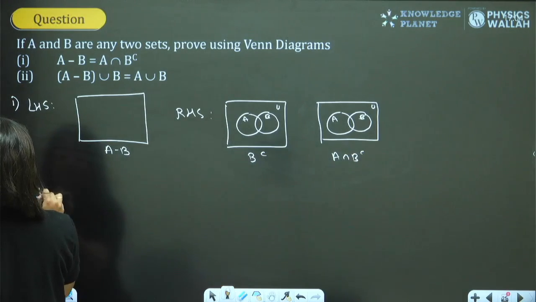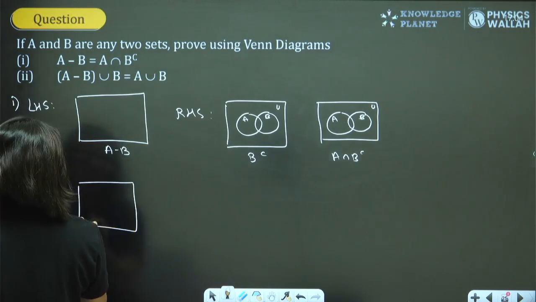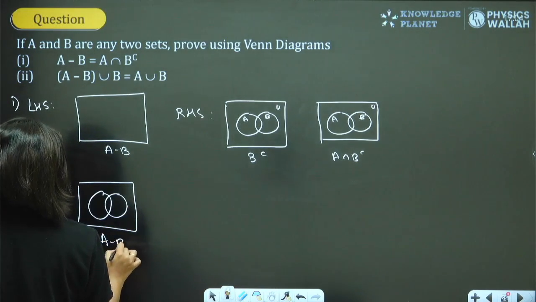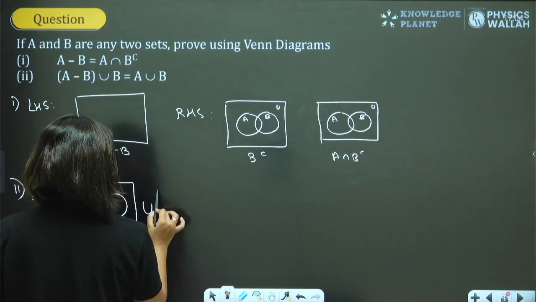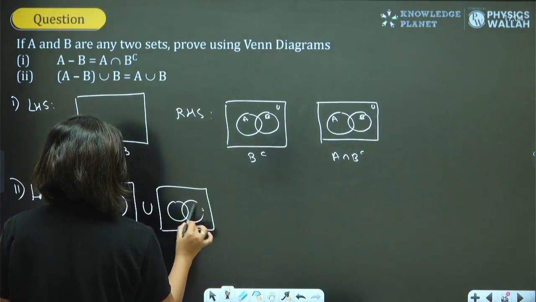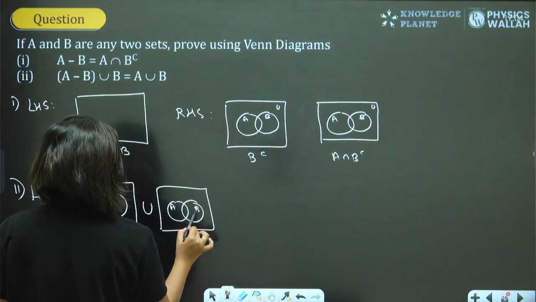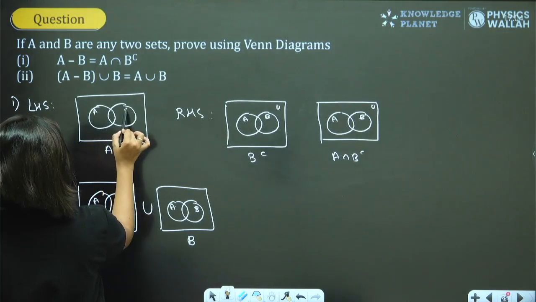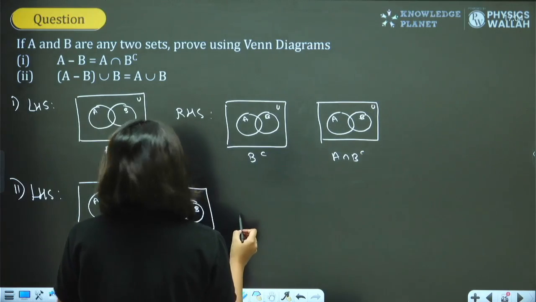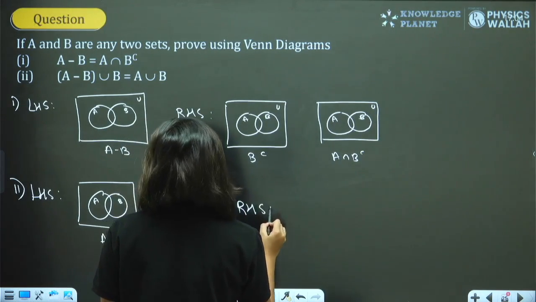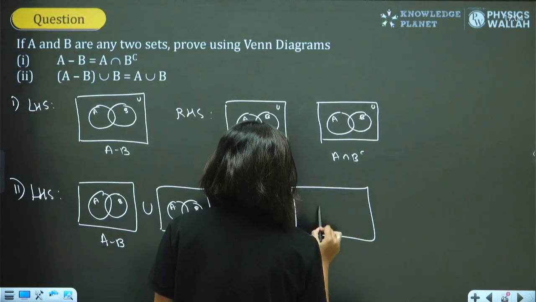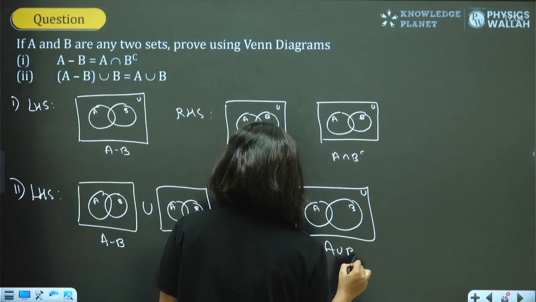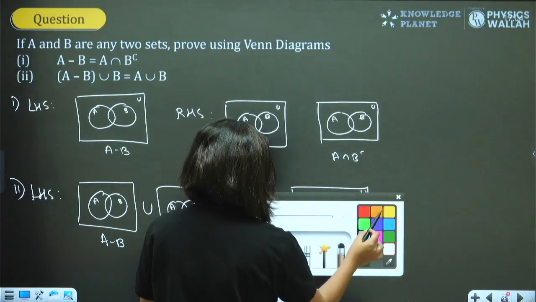And in the second question, LHS will be first A minus B, union with B. That's the LHS. Moving on to RHS, it's A union B. Simple, A union B we know already. And then we will check whether LHS matches with the RHS or not.